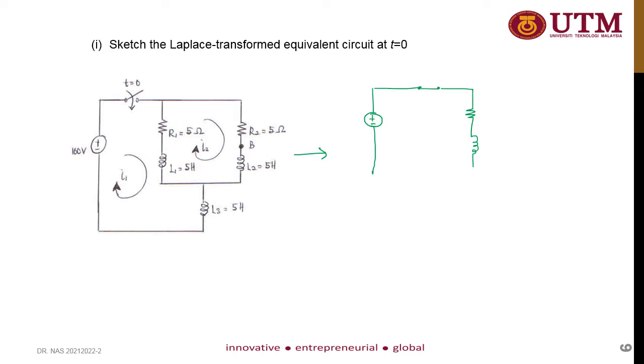And then you have the inductor. There's no initial voltage, so you don't have to consider the I0. And then on the right hand side you have another resistor and another inductor, and at the bottom another inductor.